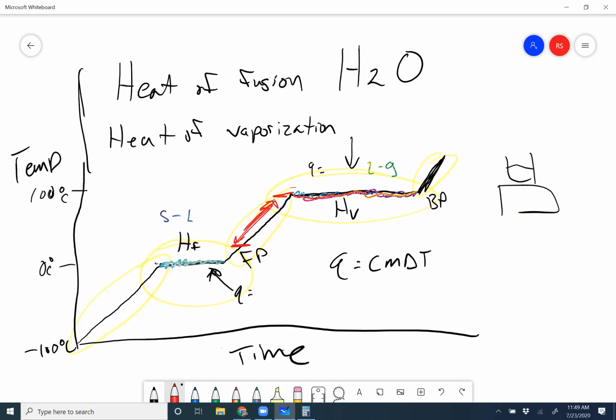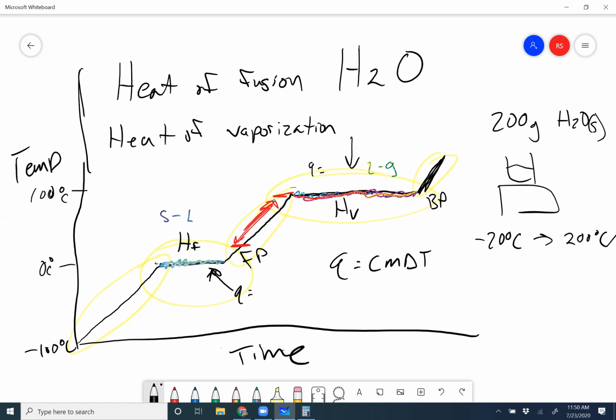So then how do you calculate how much energy it takes to take a piece of ice at negative 20 degrees C? Say we have a 200-gram piece of solid ice, and we're interested in bringing that up to like 200 degrees C. We're going to boil it and then continue to heat the steam way past its boiling point.